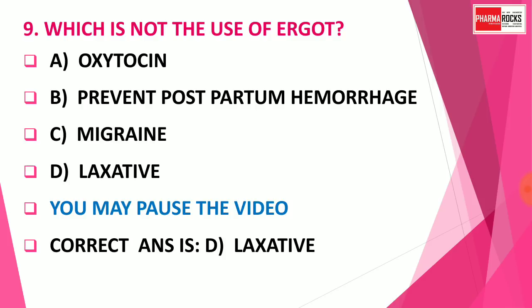So ergot is not used as a laxative, but it is used as an oxytocin, to prevent postpartum hemorrhage, and also used in migraine. So the above 3 are the correct uses of ergot, but it is not used as a laxative. So the right answer is option D, laxative.